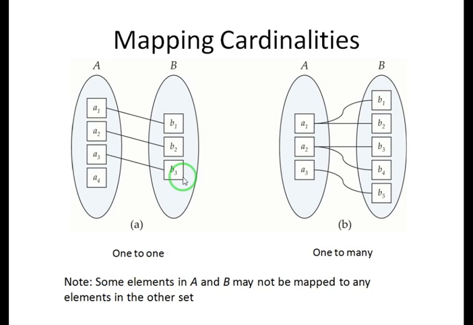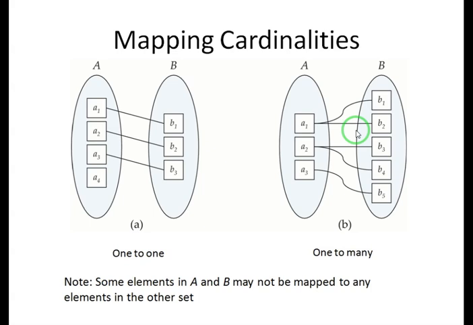Okay. Now in the second case, one to many. In one to many, an entity in A is associated with any number of entities in B. Any number means 0 or more. This is termed one to many.